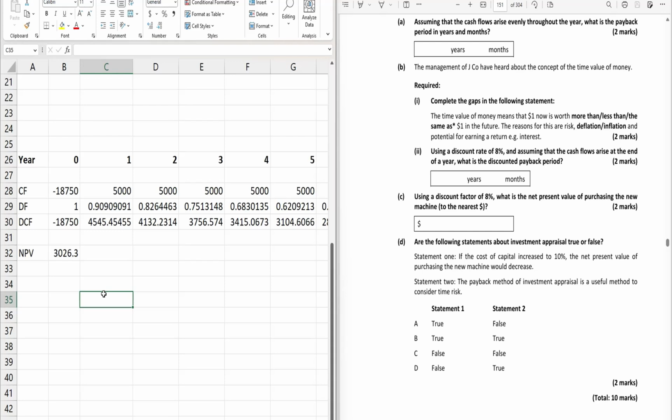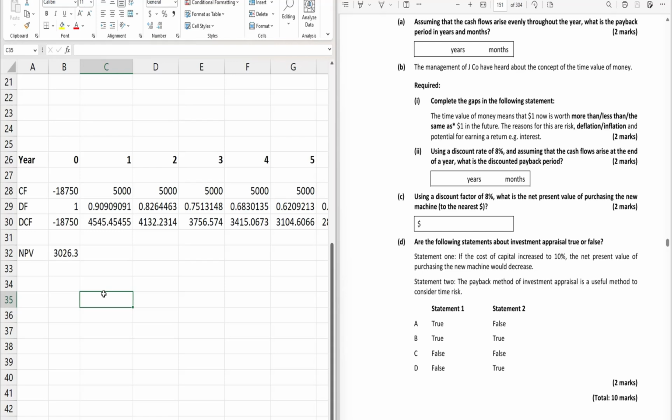Okay. Statement 2: the payback method of investment appraisal is a useful method to consider the time risks. Basically this is the foundation of the time value of money, right? We need to consider inflation in the cash flow that we are receiving in the future. But in the payback method, if it is the simple payback method, we don't consider the time value of money.